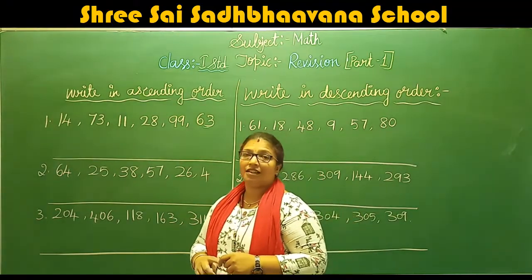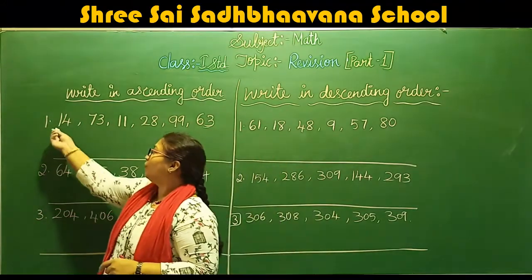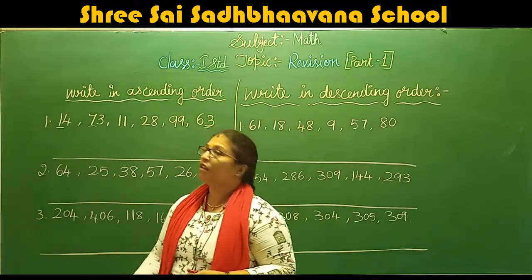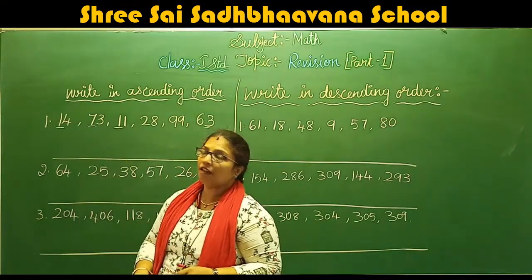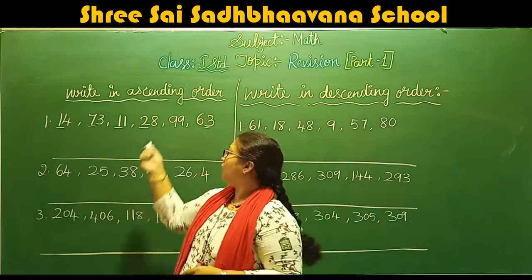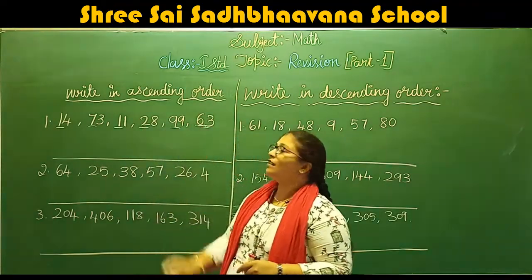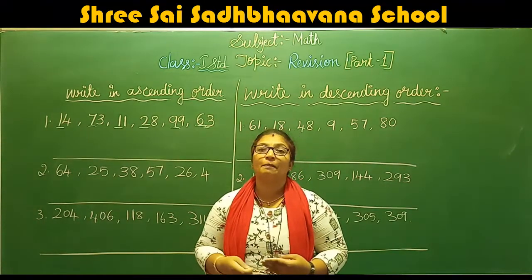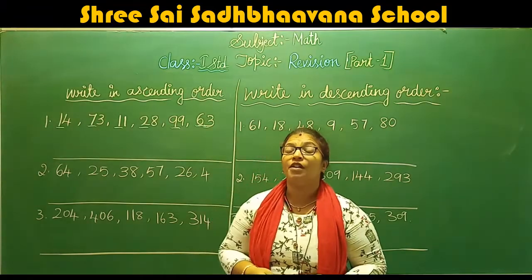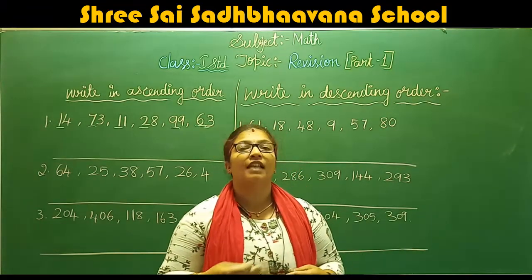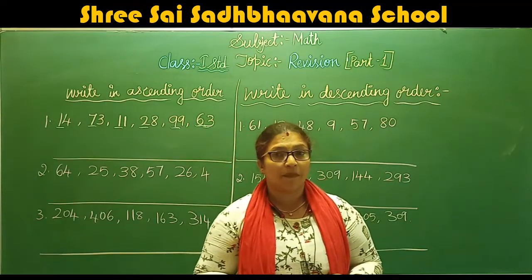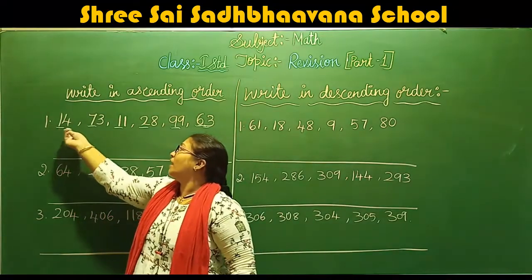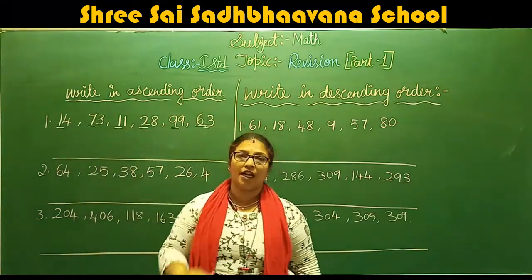So we will see the tens place numbers now. Here it is 1, here it is 7, here it is 1 again, here it is 2, here it is 9, and here it is 6. For example, this 1 and 1, you have 2 times here.